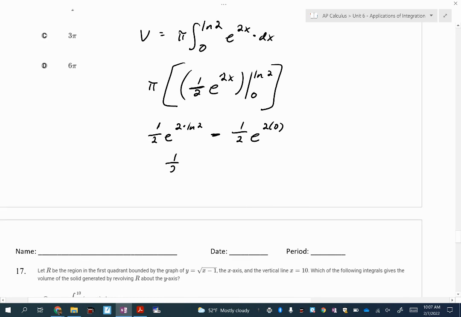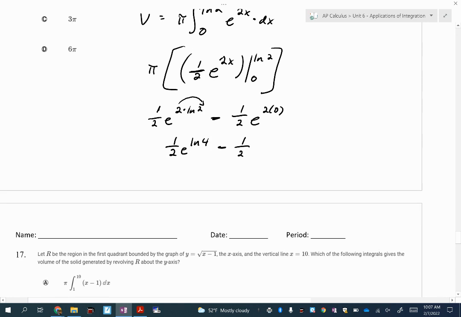Now this one's going to be a little tricky here, but if I use one of my rules with logarithms that you went over in your junior year, you can take this 2 and move it to the back. It's called the power property, to be the natural log of 4, right? 2 squared is 4. And then we already went over e to the 0 power is 1. So this is going to be minus 1/2.